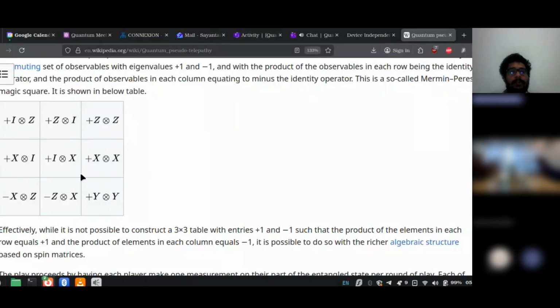And when Bob gets a column number, he's going to measure the observables along that column, and along the column the observables also commute. Since Alice and Bob's observables are common at one cell, for that particular measurement their bits are going to coincide. I'll explain what this means in a bit, but does everybody know what measuring an observable means?